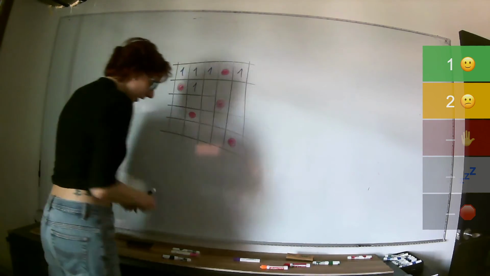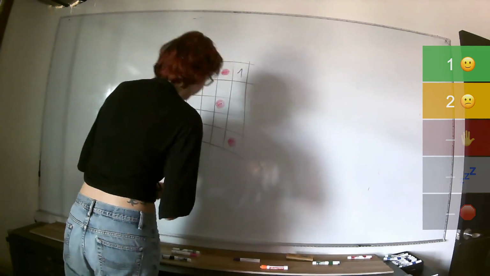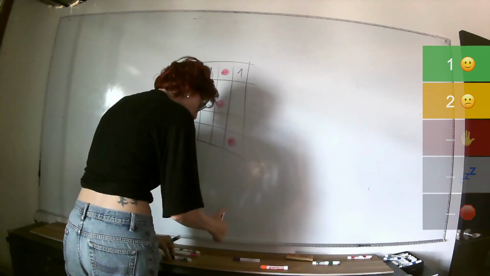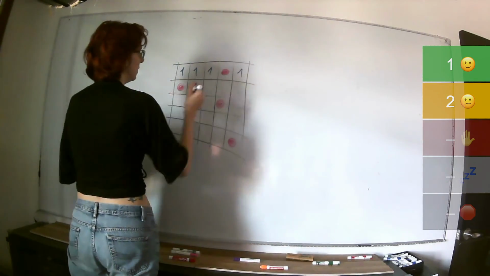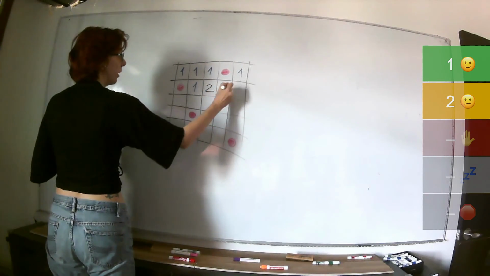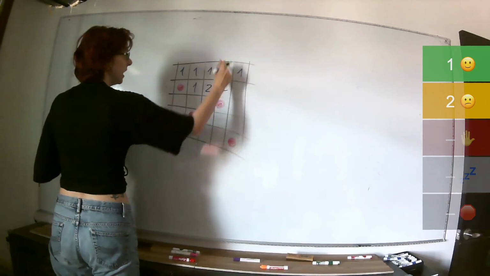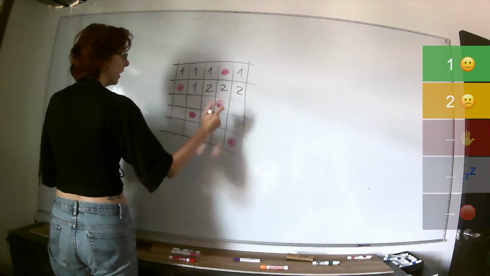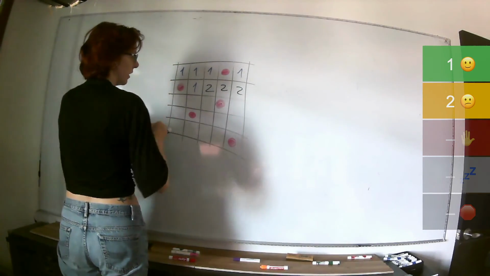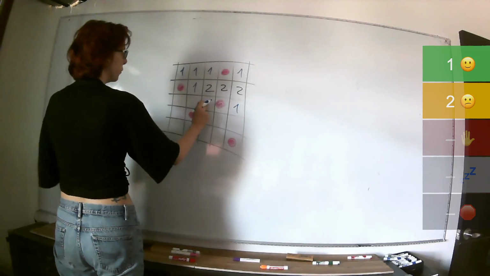Let's use a different color for 2. Let's use the black for 2. This cell has all these neighbors here. 2 of them are mines. This cell, these neighbors here, 2 of them are mines. This cell, it would have these neighbors. It's going to have a 1. This one's going to have a 2.